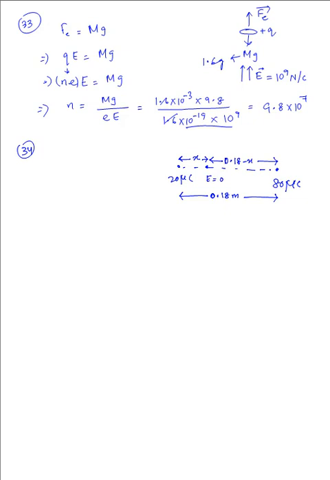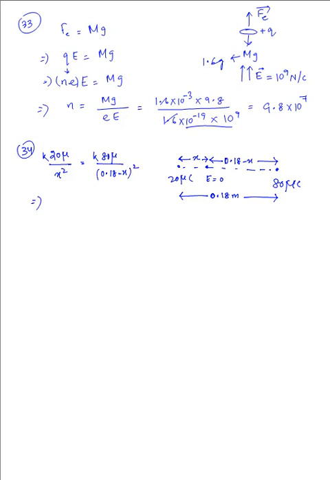Now that we have done this earlier, I'll be writing the formula directly. K and micro, all of that will cancel out, but let me write that for you once again. So this is k times 20 micro over x squared, equal to k times 80 micro over 0.18 minus x whole squared.